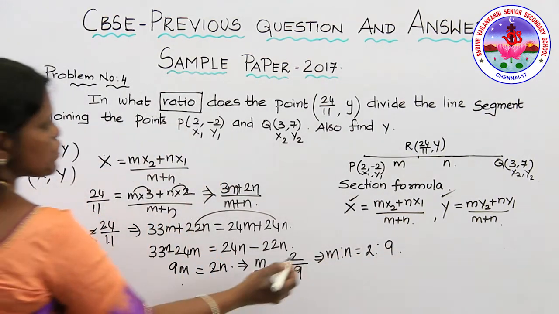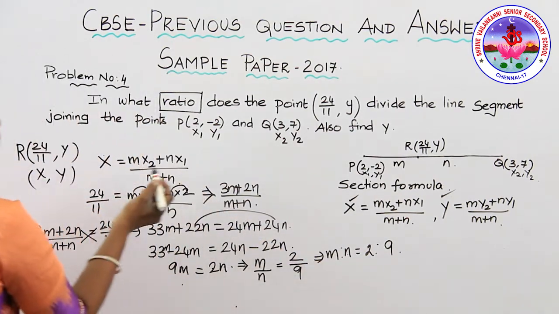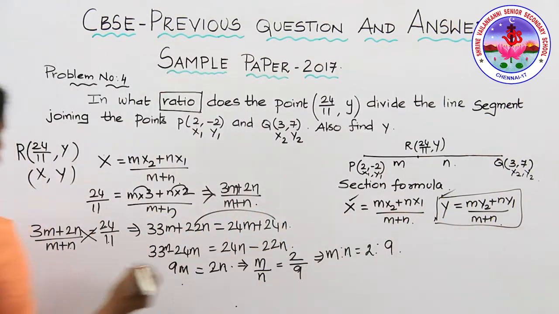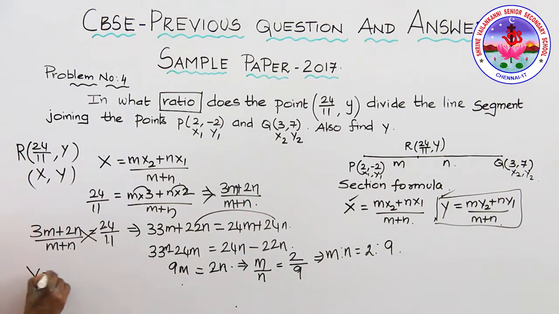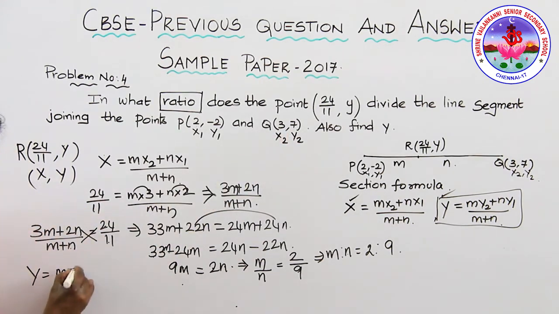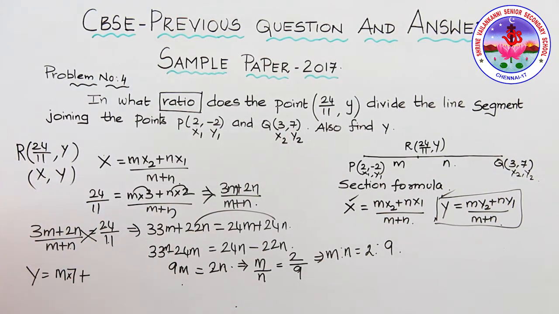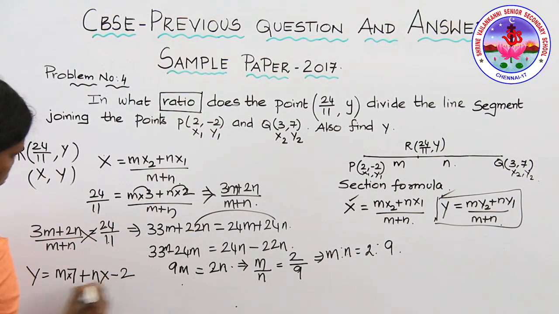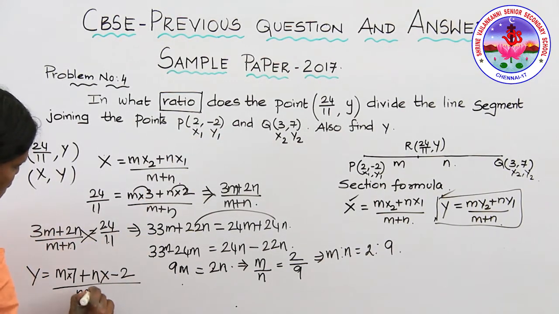Now I am going to use my m:n ratio in my y coordinate, where capital Y is equal to m into y2, where y2 is 7, that is into 7, plus n into y1, which is minus 2, divided by m plus n.